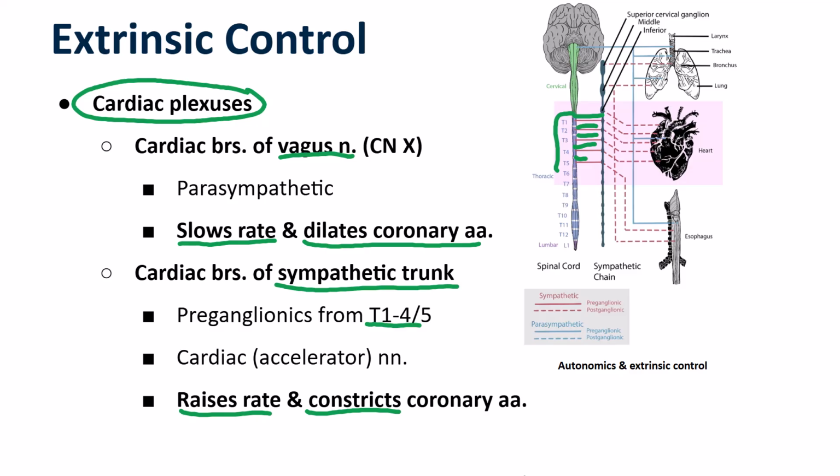And with the increase of blood flow through an increased rate, we have increased perfusion of the heart. So that's just a minor effect of constriction on those coronary arteries. So cardiac plexuses are what work upon the SA node.